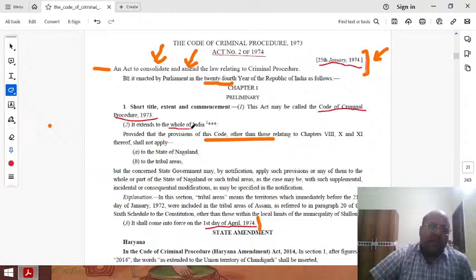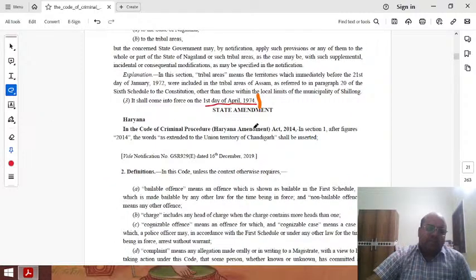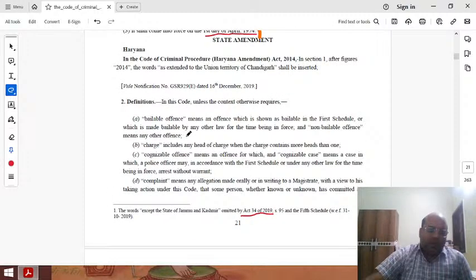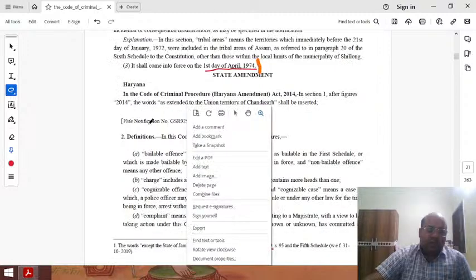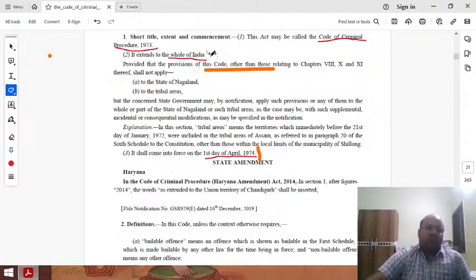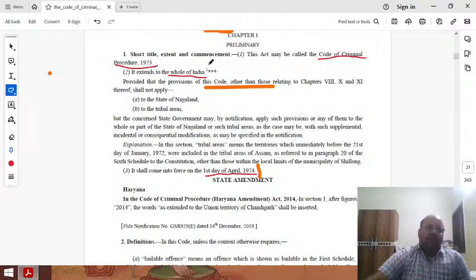Earlier it did not extend to Jammu and Kashmir, but we can see in the footnote that the words except the state of Jammu and Kashmir have been omitted by Act 34 of 2009, which omitted these words from section 1 clause 2 of the Code of Criminal Procedure 1973.